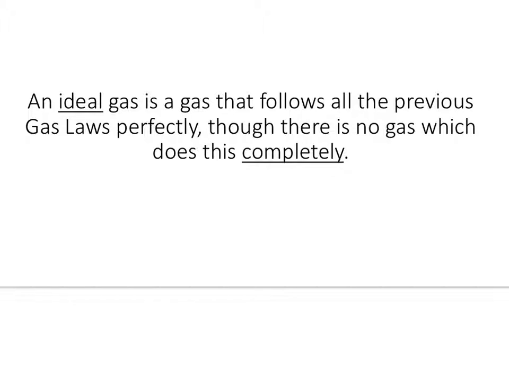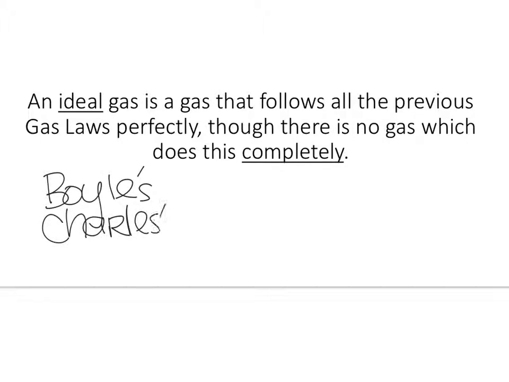But again, that means that it has to follow Boyle's and Charles's and Gay-Lussac's. Well, technically in the combined gas law, but that's just combining them. Now, on average, these all happen all the time.